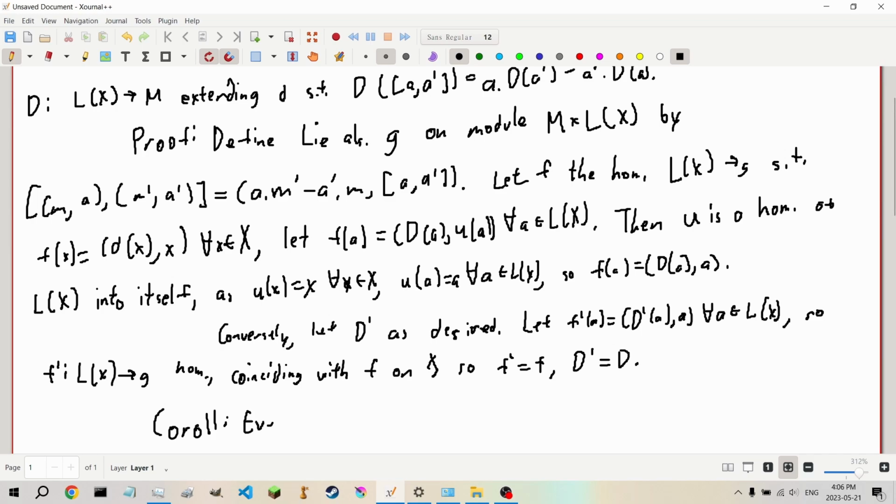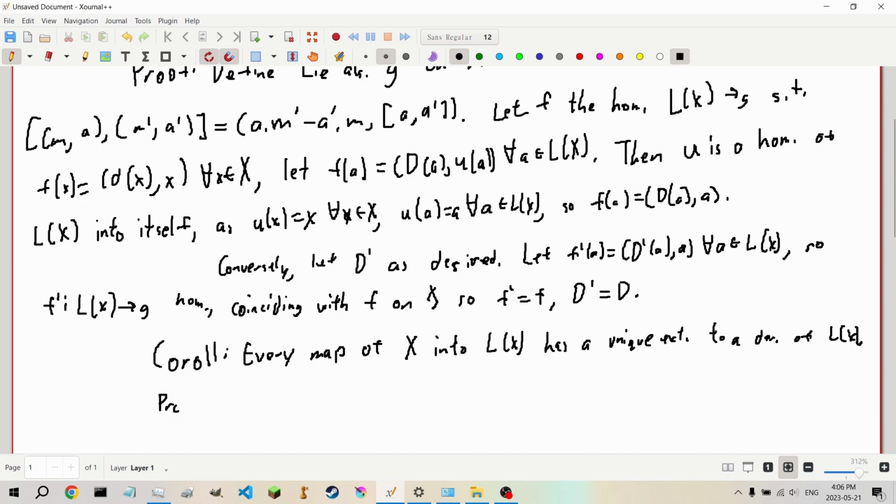Every mapping of X into LX has a unique extension to a derivation of LX.